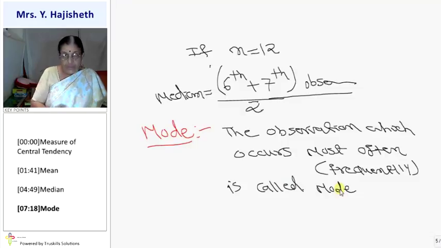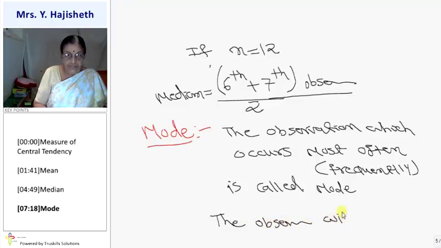Now, if x1 occurs f1 times, x2 occurs f2 times, xk occurs fk times, in the form of a table, then mode is also defined as the observation with highest frequency.